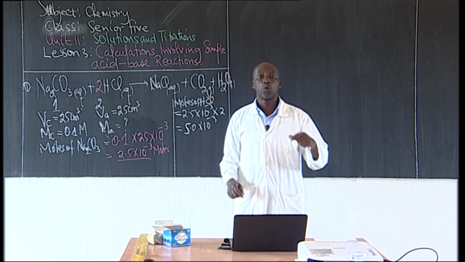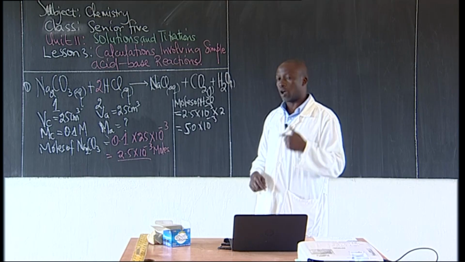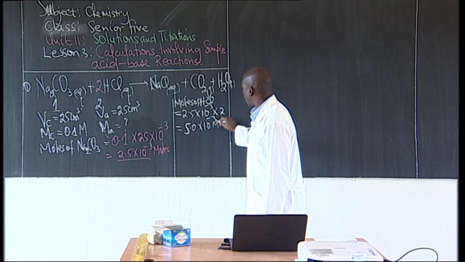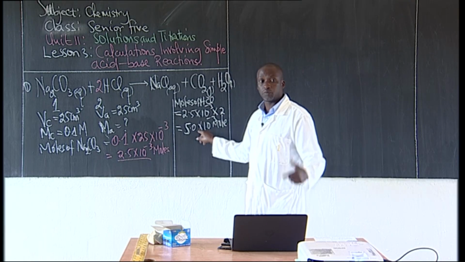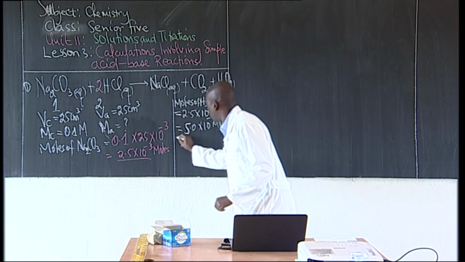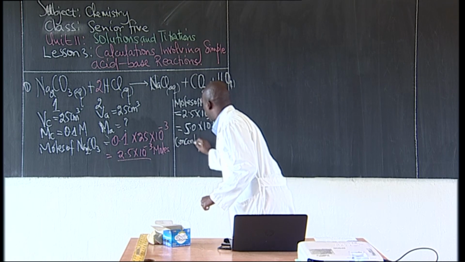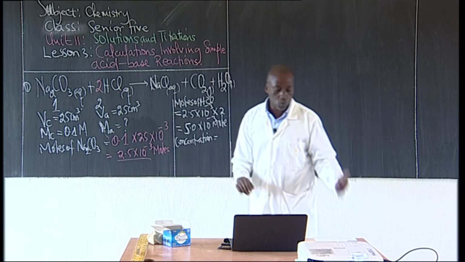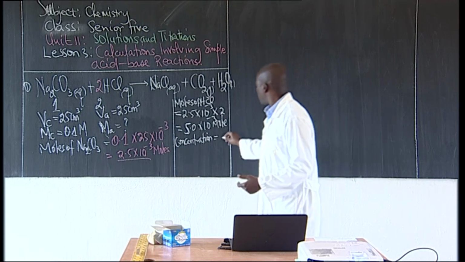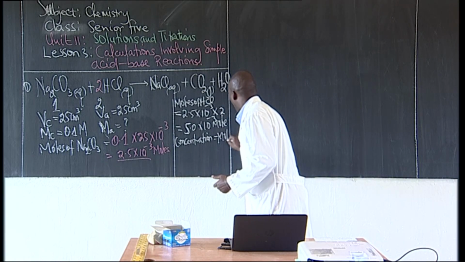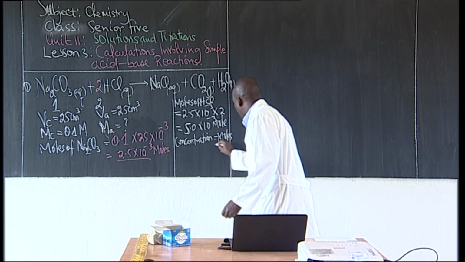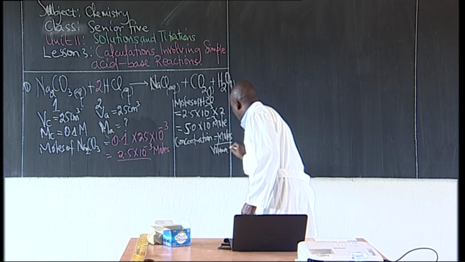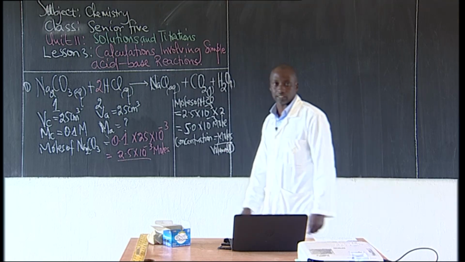But remember, we are asked for the molarity. So how do we get the molarity? After getting this number of moles, if we are to get the concentration, that will be equal to the number of moles over volume, and the volume must be in liters.